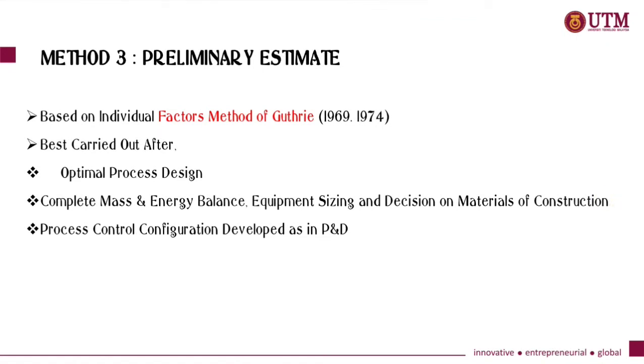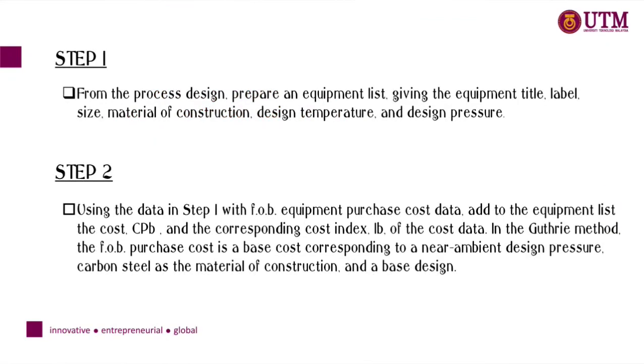So the first step, from the process design, we prepare an equipment list giving the equipment title, label, size, material of construction, design temperature and design pressure.